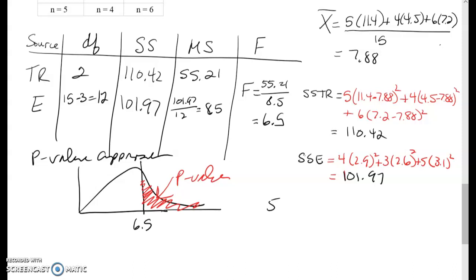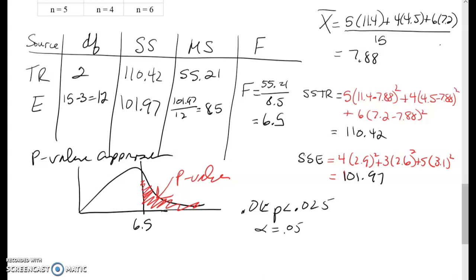So p is greater than 0.01, but less than 0.025.